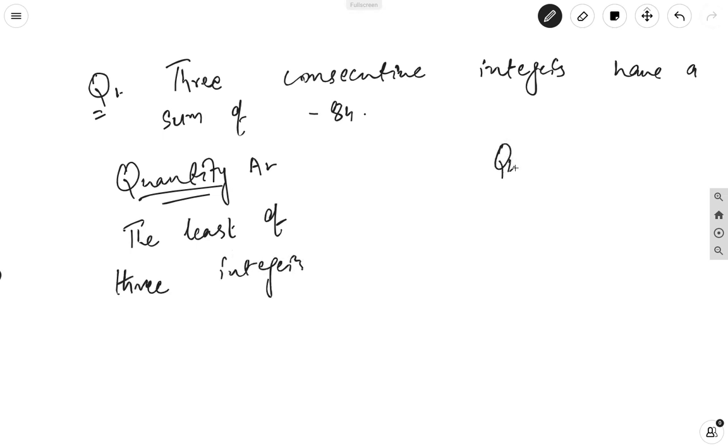And quantity B is minus 28. You have 2 minutes to solve this question. I'm repeating the question: 3 consecutive integers have a sum of minus 84. Quantity A is the least of the 3 integers, and quantity B is minus 28. Now solve this question.